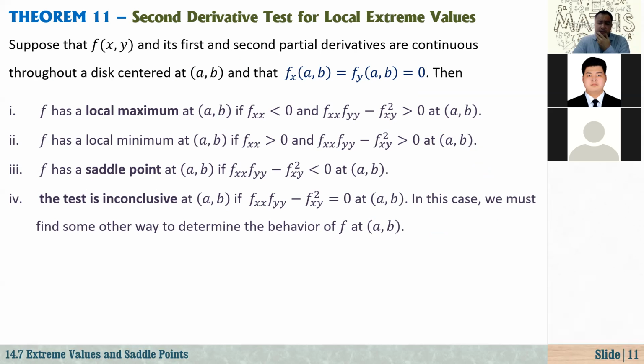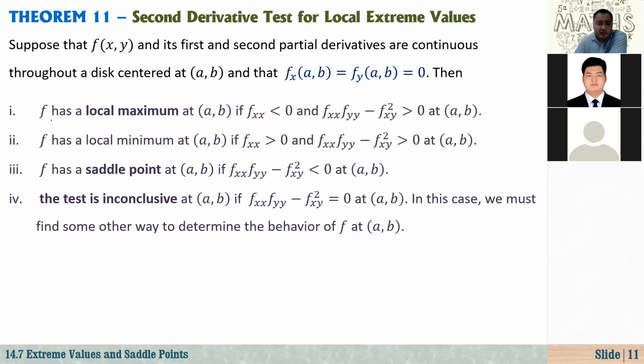Now let's try to apply this theorem to solve some questions. Suppose that f and its first and second partial derivatives are continuous throughout a disk centered at (a, b), and that fx(a, b) and fy(a, b) are equal to 0. That's the first condition because it must be a critical point.